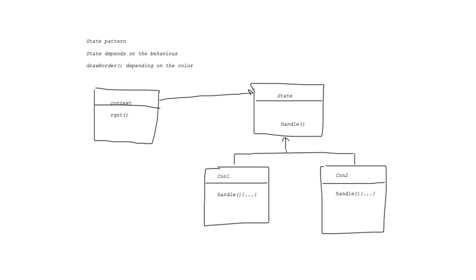So depending on the state, which concrete class is to be instantiated will be decided, and depending on that, the handle method will vary. So that's the idea of the state pattern.